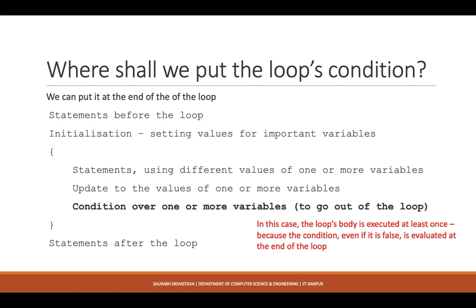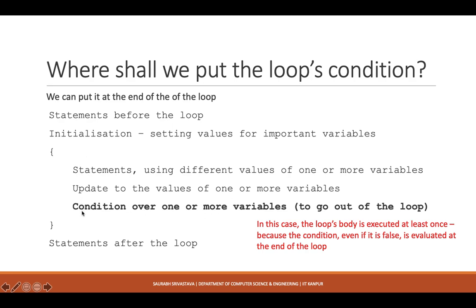Now in this case, the loop's body is executed at least once, because you begin from here, you come inside. As of now, you have not checked any conditions, so you keep on executing these statements, and then at the end you check whether the condition to stay in the loop is still there, so you go back and these statements are executed again.